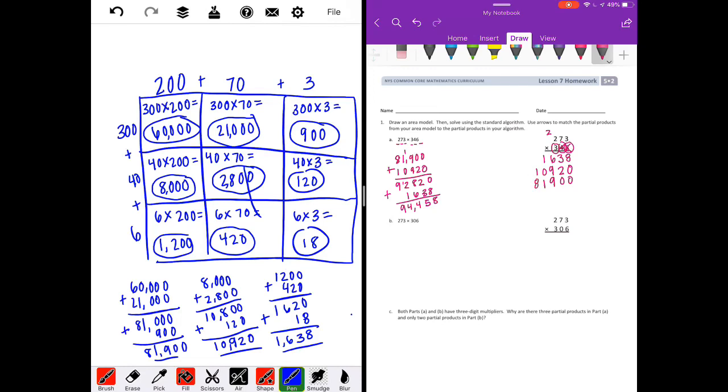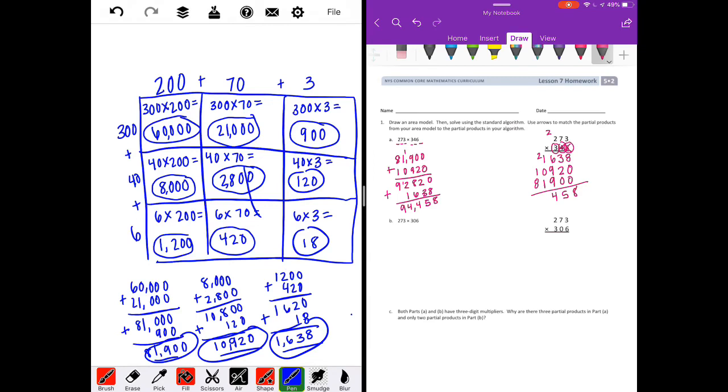So here we can see where the 81,900 came from. It's right here. And where the 10,920 came from. It's right there. And the 1,638 is right there. So you can go ahead and draw your arrows. Add everything together. 6 plus 9 is 15, plus 9 is 24.